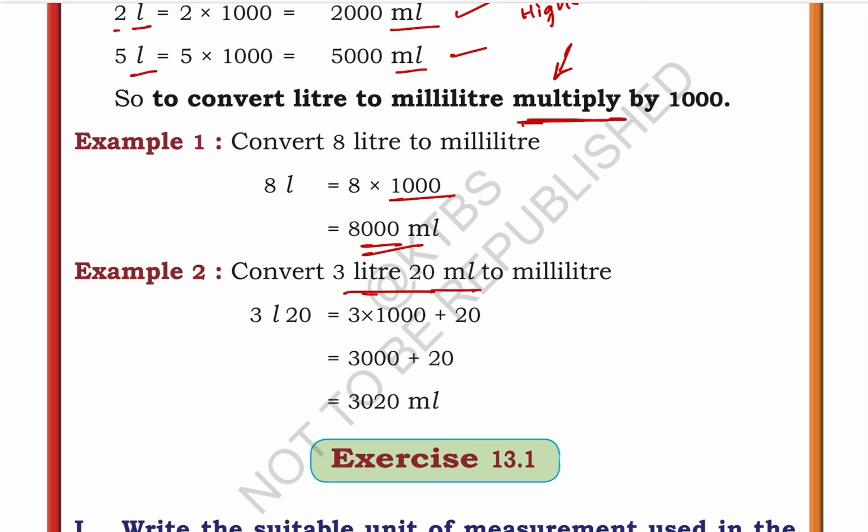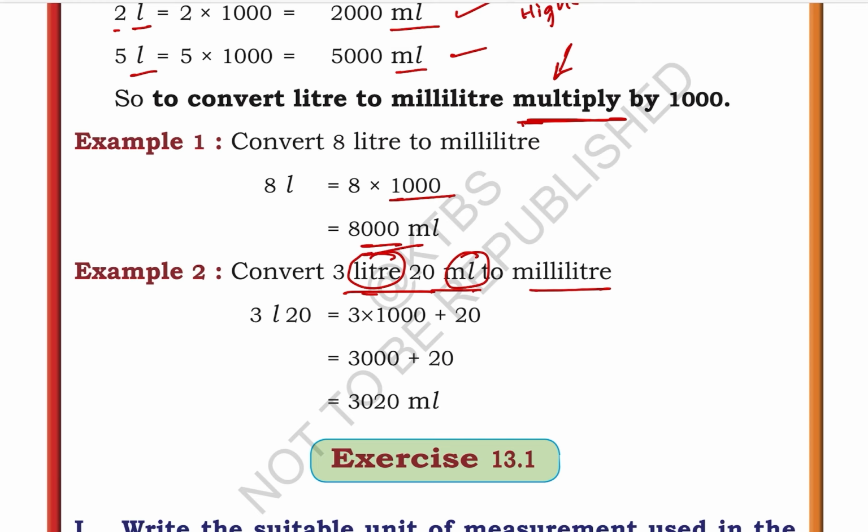Now convert 3 liter and 20 ml to milliliter. See here, two units have been used in the question itself. One is liter, another one is milliliter. Milliliter is represented by ml. From now onwards I will say ml. 20 is already in ml.